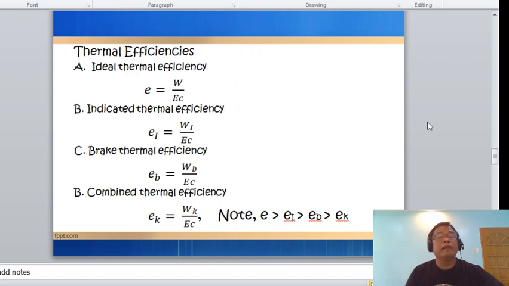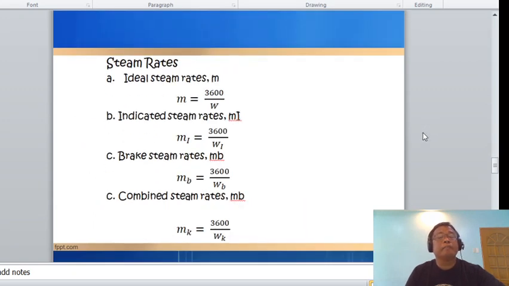The brake steam rate, m sub B, is 3,600 over W sub B. And then the combined steam rate is 3,600 over the combined work.